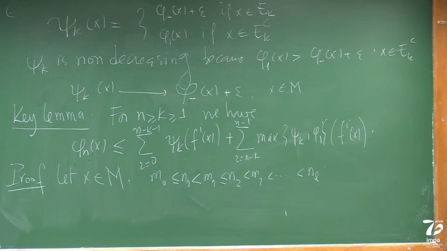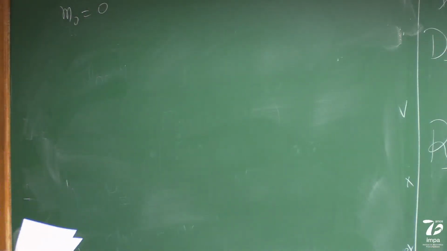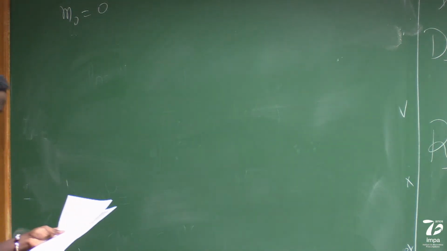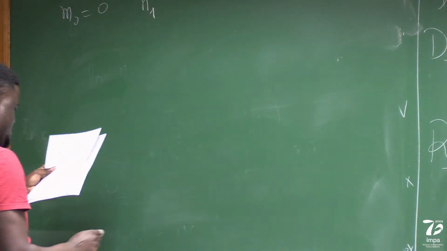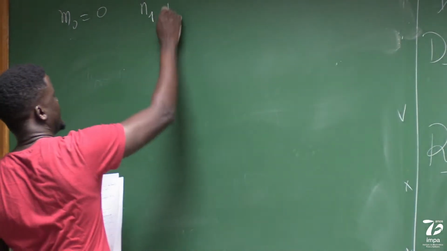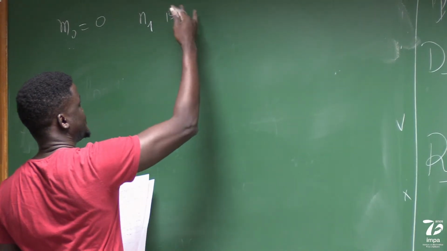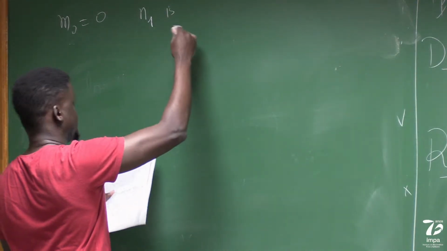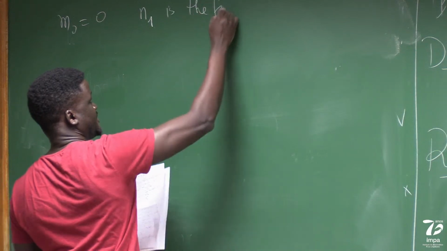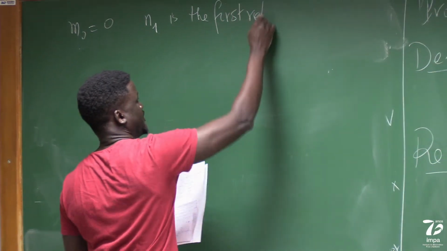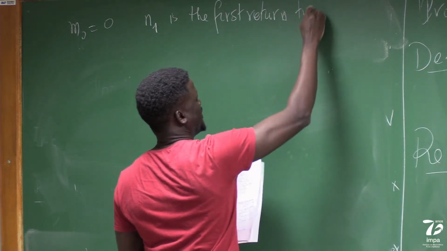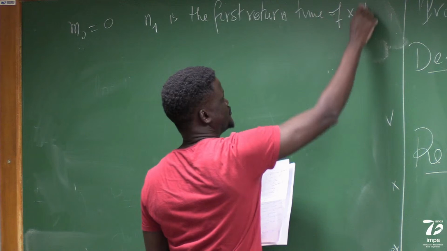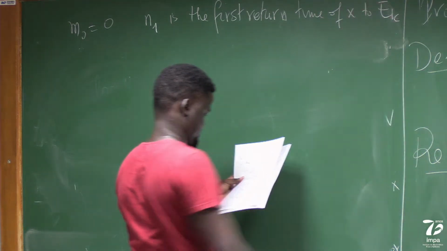Okay, so that sequence is defined as follows. You take M0 equals 0. And N1 is the first return time of x to E_K.